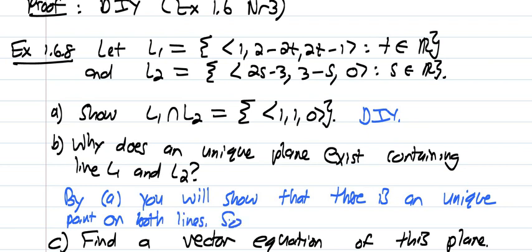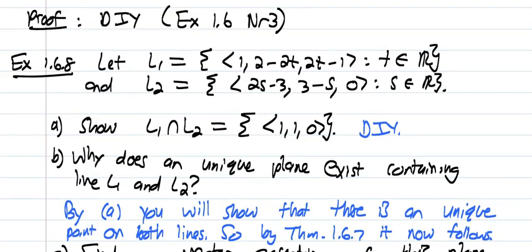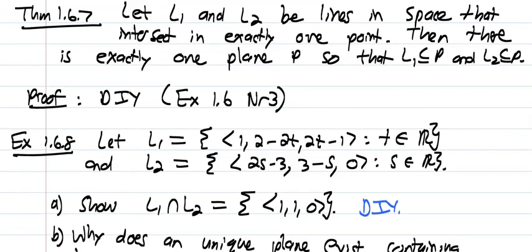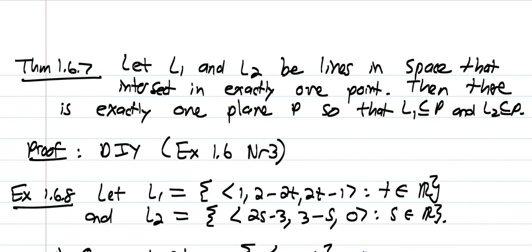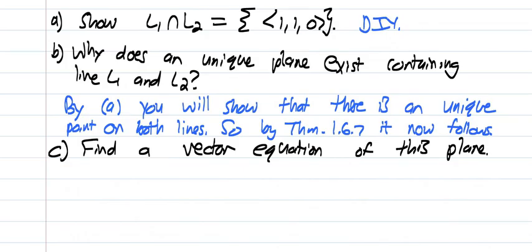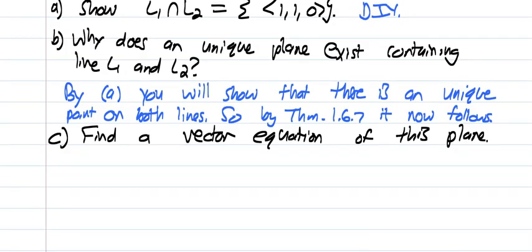So by theorem 1.6.7, it now follows. So the theorem is quite powerful. Using the theorem, we can now prove there's a unique plane containing both of the lines. So the theorem says that if you have two lines and they intersect in one point, that's the condition. If that condition is true, then it follows that there's a unique plane containing both lines. That's theorem 1.6.7.